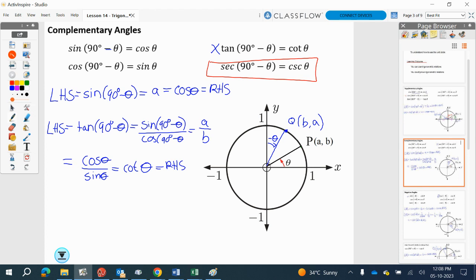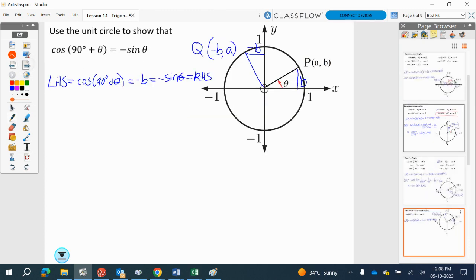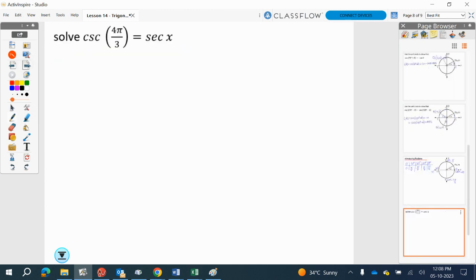Let me show it in a different way. If the cosecant of x is equal to the secant of y, this implies that x plus y equals 90 degrees. That's it. That makes this question easy.